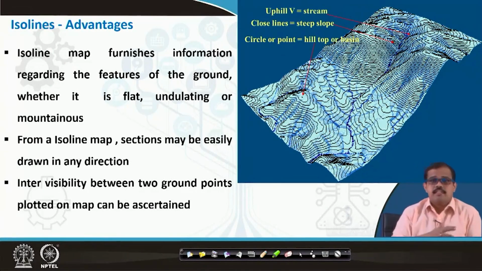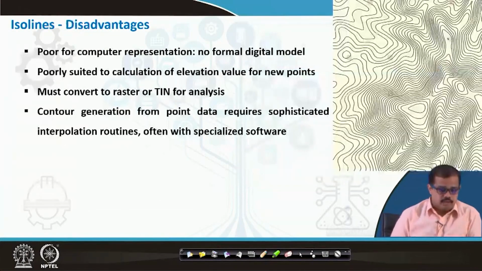From the isoline map, sections may be easily drawn in any direction. Each section can be understood and drawn in different directions. Intervisibility between two ground points plotted on the map can be ascertained. So this is of use to many applications.